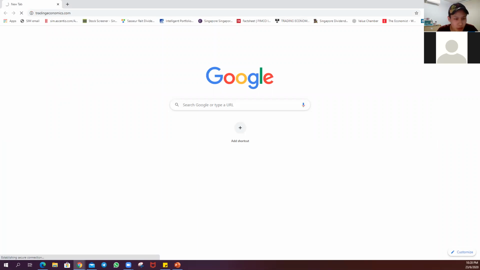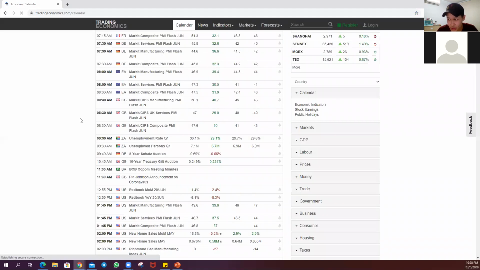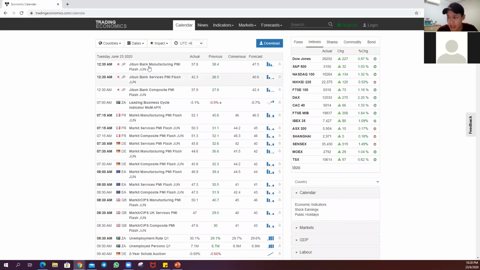So going back to your question, Matthew, you can refer to this website. Under the calendars, you're able to identify all the upcoming news, like when certain countries are releasing their news reports. For example, Japan is releasing their composite PMIs today at 12:30 a.m. in the morning. So this is one example.